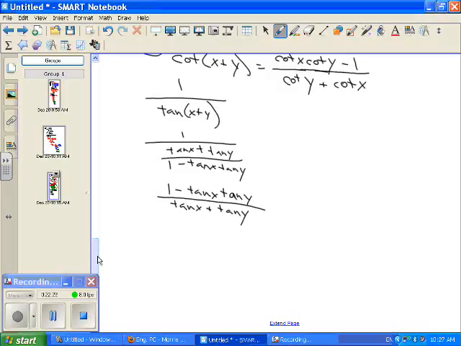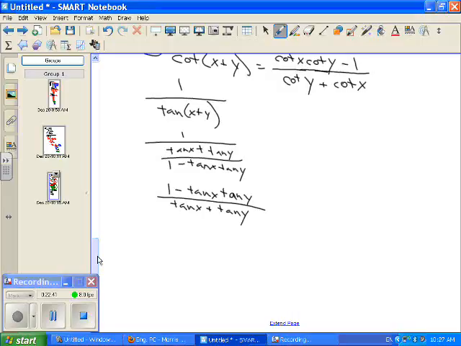Somehow I have to get cotangents in there instead of tangents. So 1 over tangent, well, tangent of what? X or y? Both. Agreed. Both.